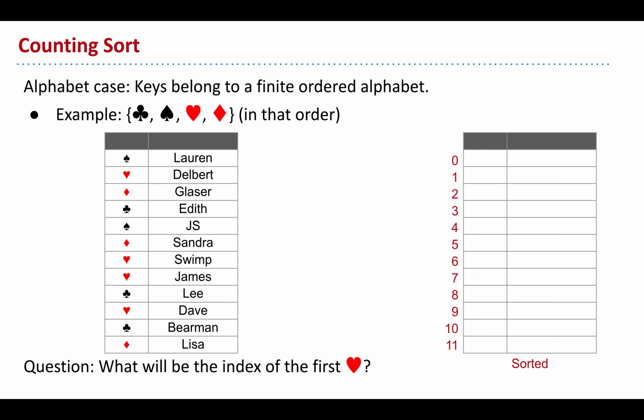So we have a spade and Lauren as the first pair, and a heart and Delbert as the next pair. We're going to start sorting everything. If we know that it's in this order, where all the clubs go first, then all the spades, then all the hearts, then all the diamonds, could we calculate what the index of the first heart would be? You can talk to your neighbor and see if you can come up with the index. I'll give you 20 seconds.